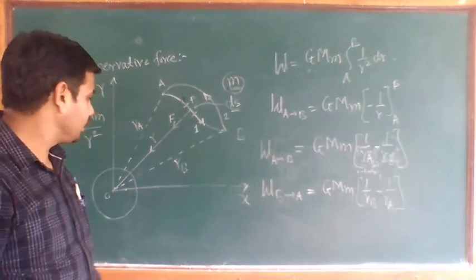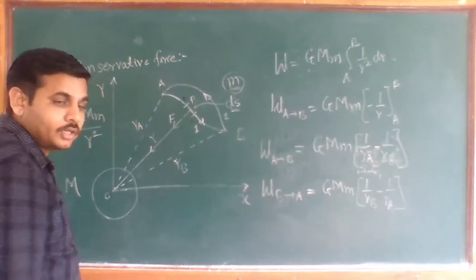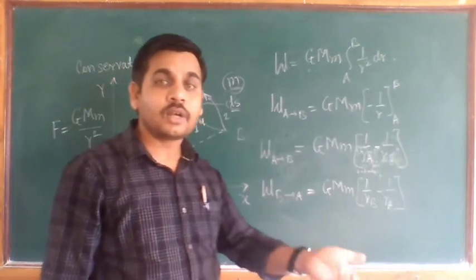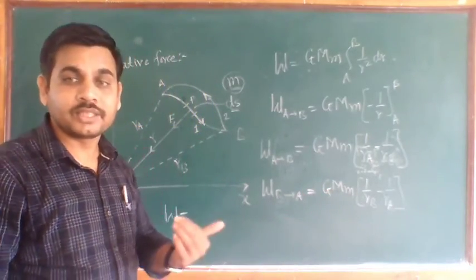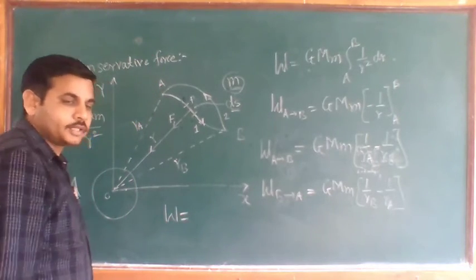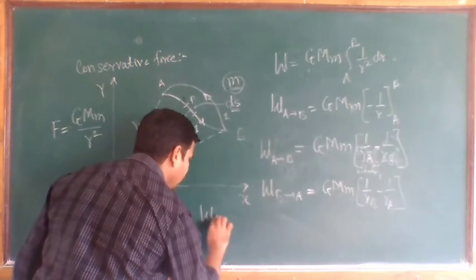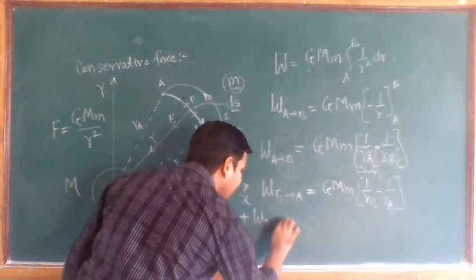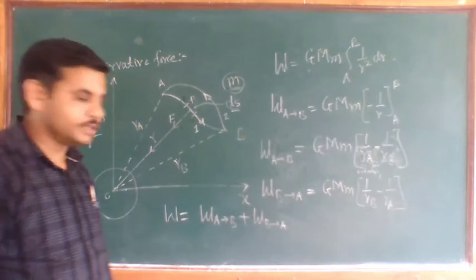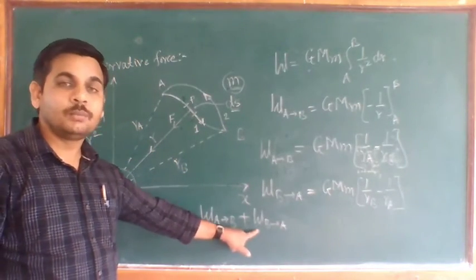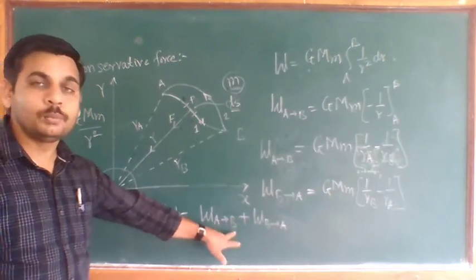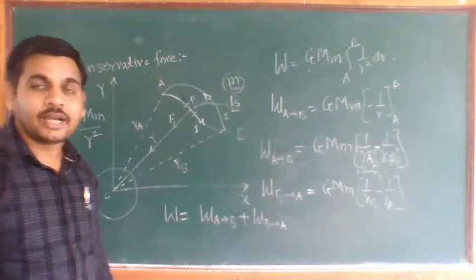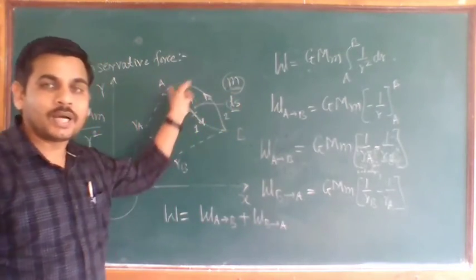Here if you consider the total work done in a round journey, or a closed loop, you get W from A to B plus W from B to A. This is the work done from A to B along path 1 plus the work done from B to A along the second path.